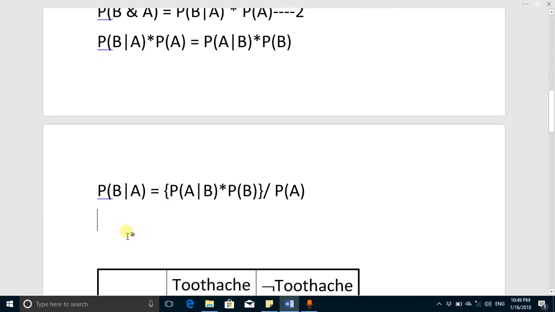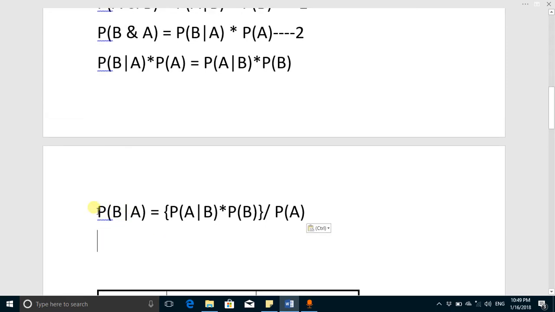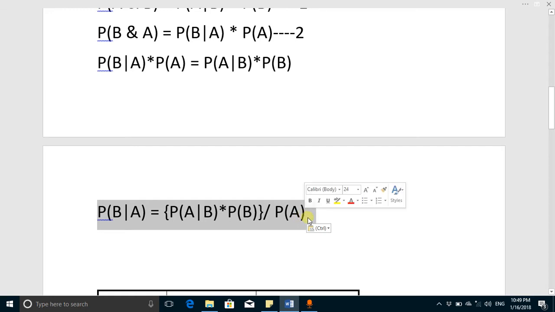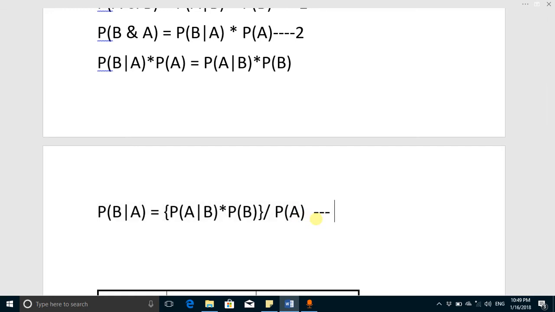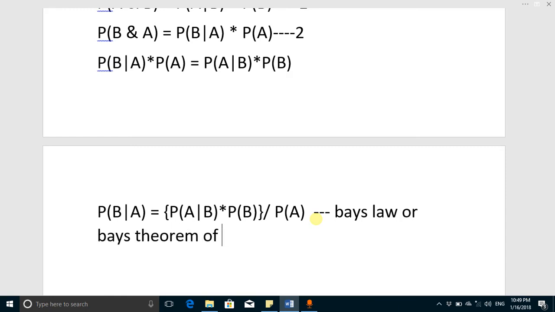So we got another formula, and this is a very important formula, and it is called Bayes' law or Bayes' theorem of probability.